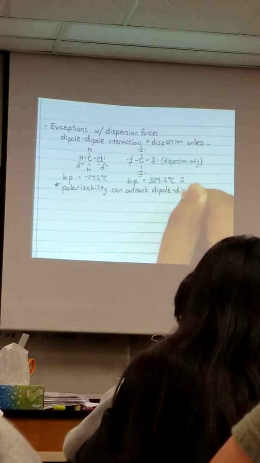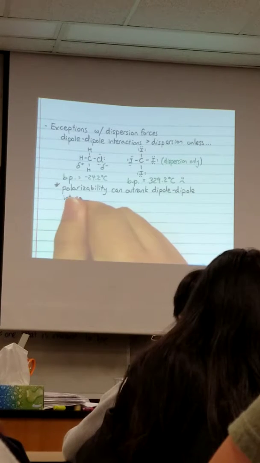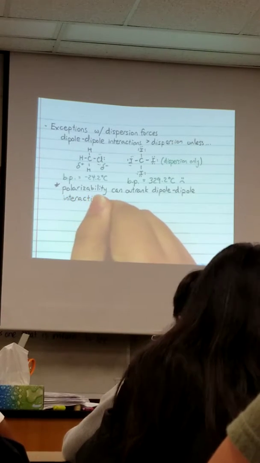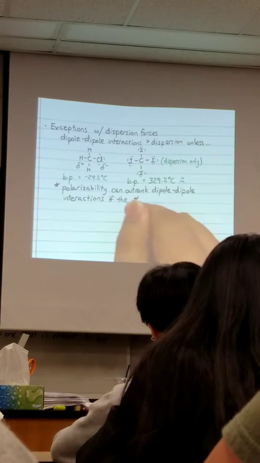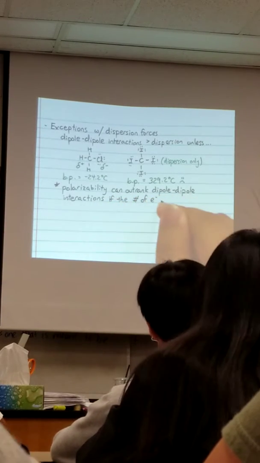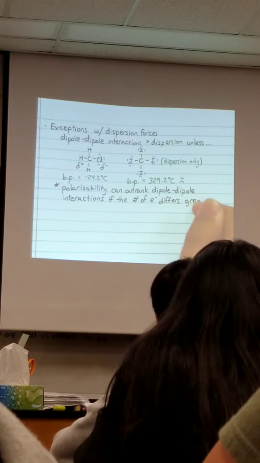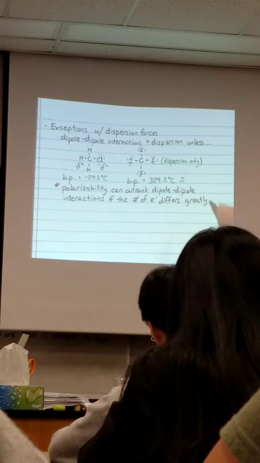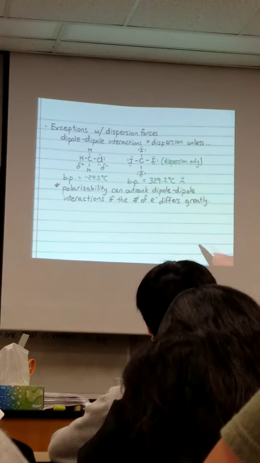Well, enough for us to care. So we have an outranking possibility with polarizability, especially if the number of electrons differs greatly. Unfortunately, there's no set number to tell you when the outranking takes place. It's a total gray area, all right?